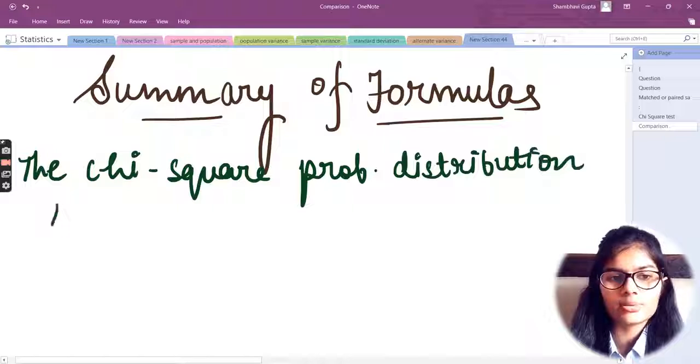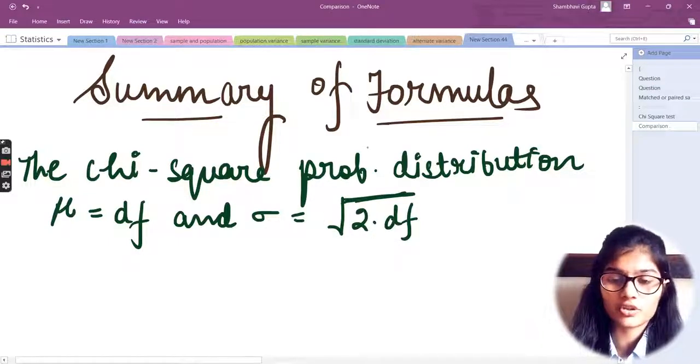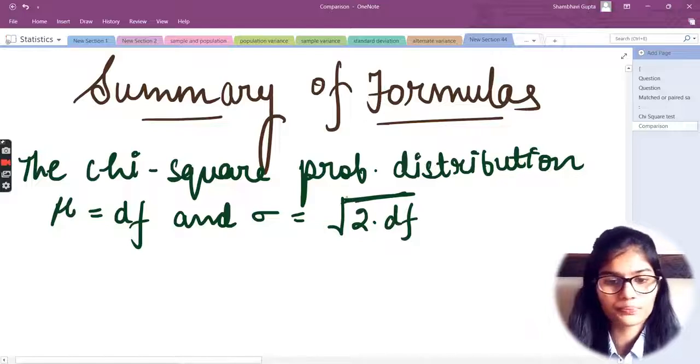For that, we have the formula that mu is equal to df, and sigma is equal to the square root of 2 times df, right? These are the formulas that we have for this particular probability distribution.